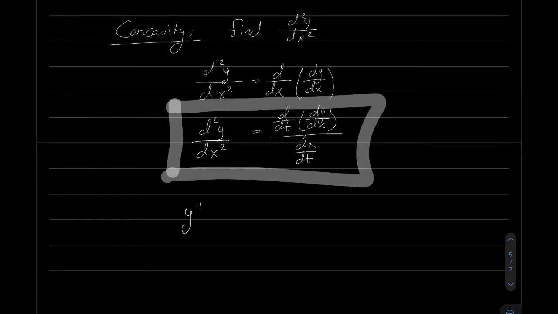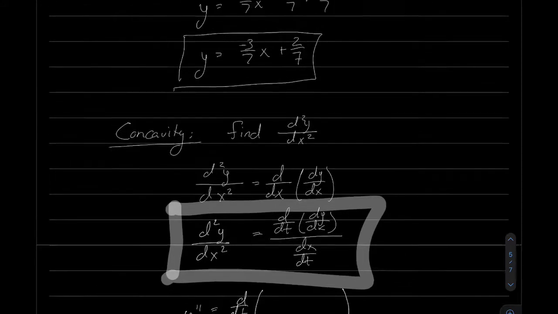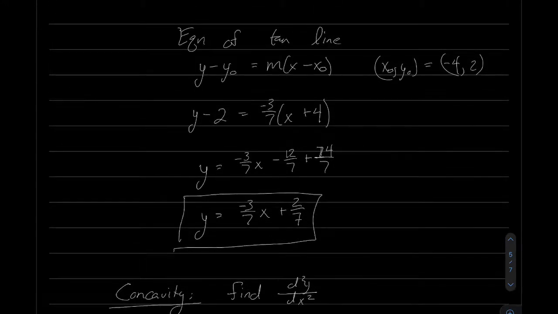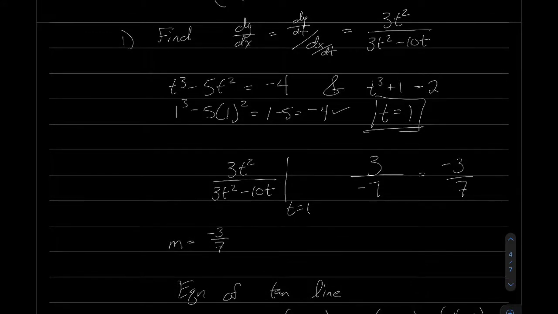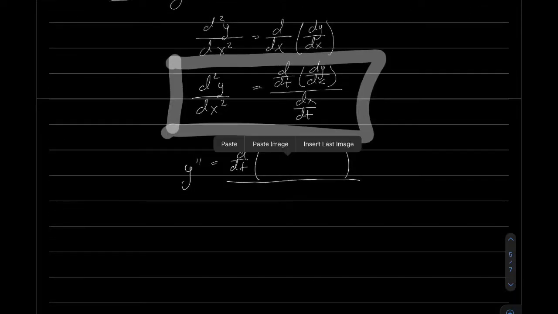So to find y double prime, we're going to take the t derivative of what we already have, and we're going to divide it by dx/dt. So the t derivative, let's go all the way back up here and just paste it down here, right?